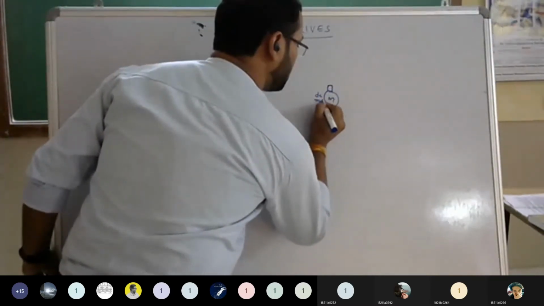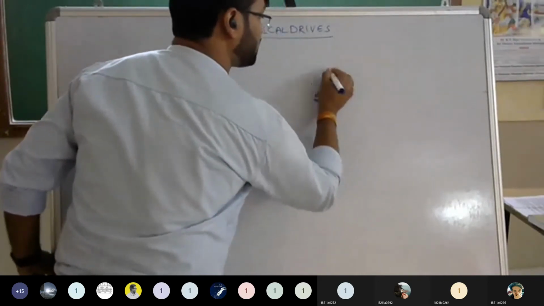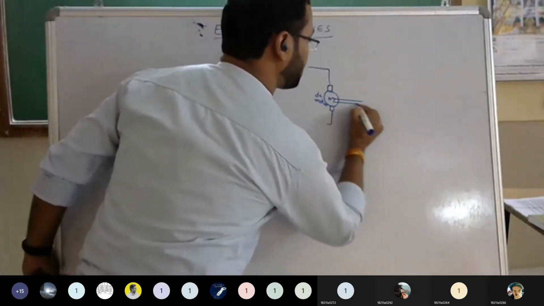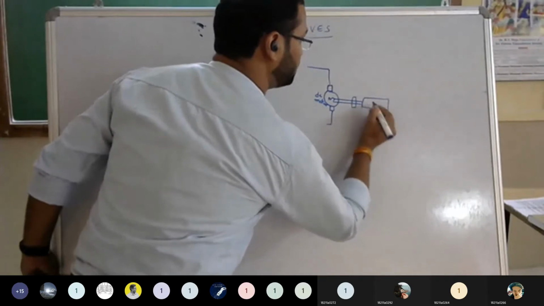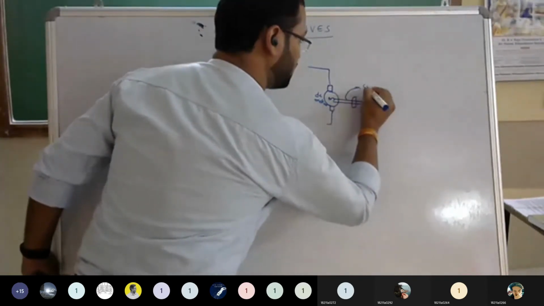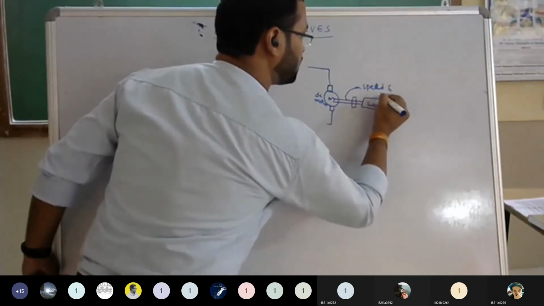So what is the use of this DC motor? To drive some load. So I'm coupling this motor with the load. What are the characteristics of load? It has speed and torque.